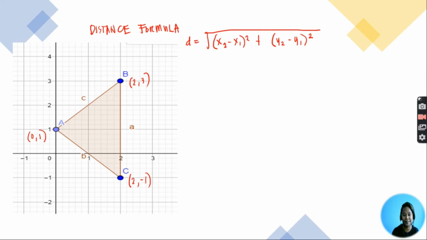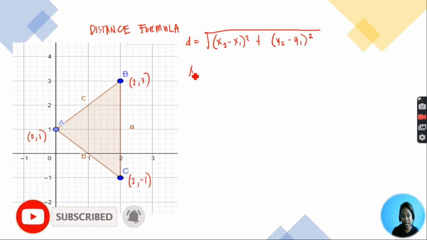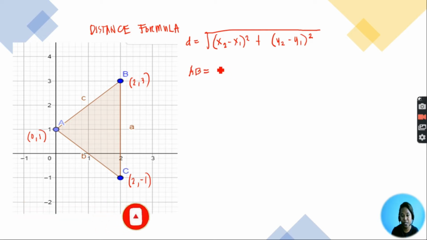So in this case, let's consider the distance from A to B. So consider that our x sub 1 and y sub 1 is our point A and x sub 2, y sub 2 is our point B. So x sub 2 is positive 2 minus 0 squared plus y sub 2 is 3 minus 1 squared.